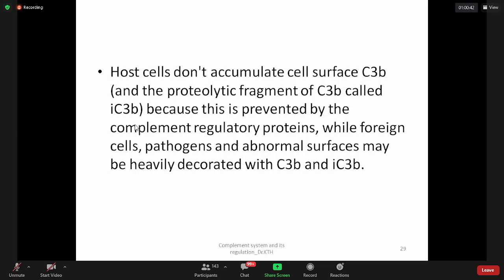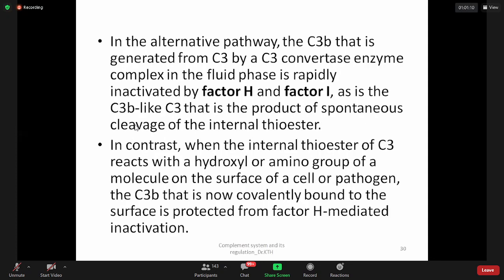But at the same time, the excess C3b will bind on either C2b4b to form the C5 convertase, or it will bind on the C3b-BBP to form the C5 convertase. So host cells are unable to accumulate C3b on their surface. And this helps to prevent destruction of these host cells.